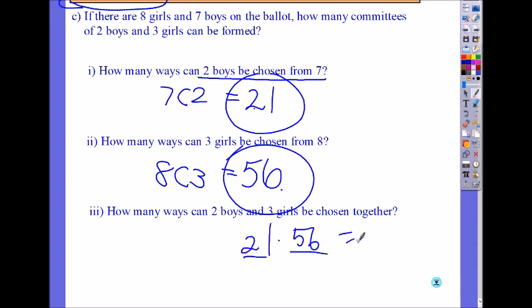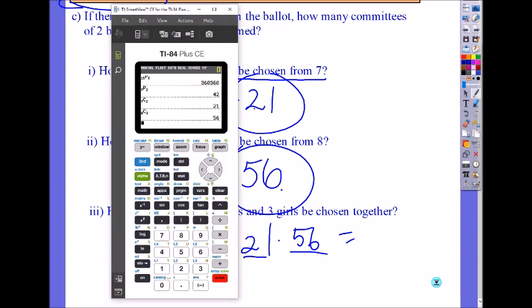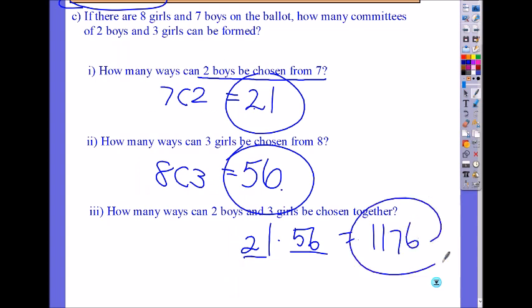So the total different ways of choosing 2 boys and 3 girls will be 21 times 56. So this is a little more advanced than the ones that we did, but because you have to use combinations and then multiply them by using the basic counting principle.